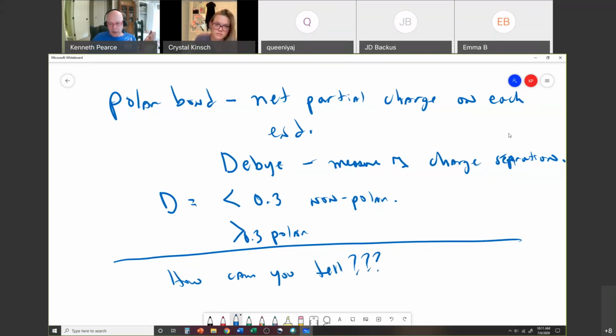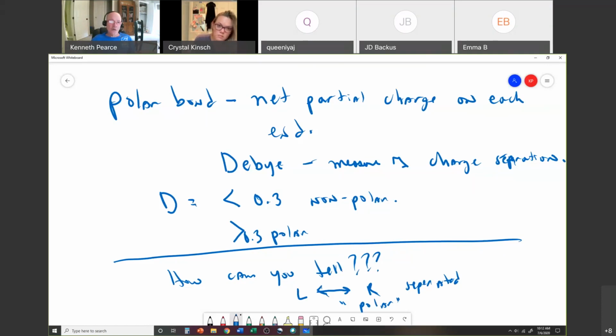Basically, if we're separated left to right, it's polar. It's not a perfect rule, but it works pretty good in most circumstances. If you're talking about organic molecules, yes, if it's separated left to right, it's more or less polar.